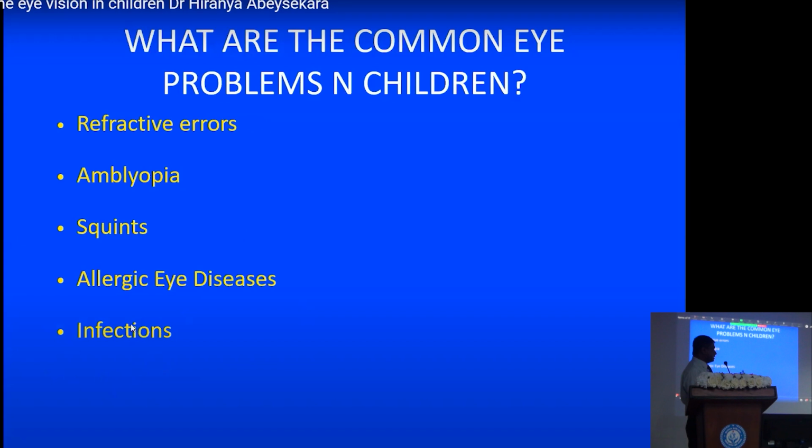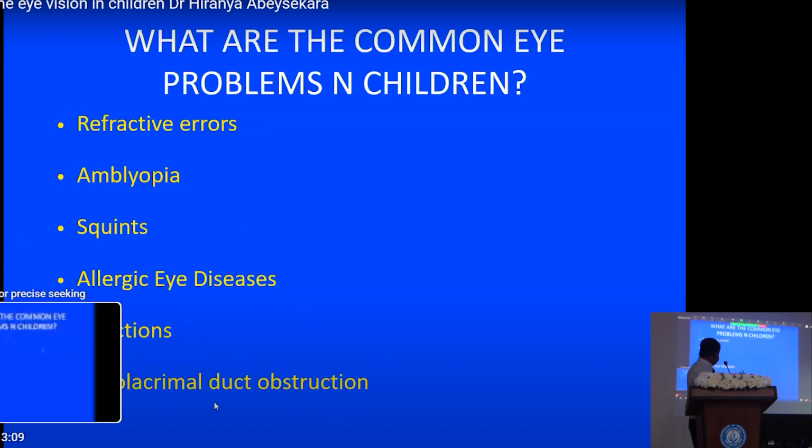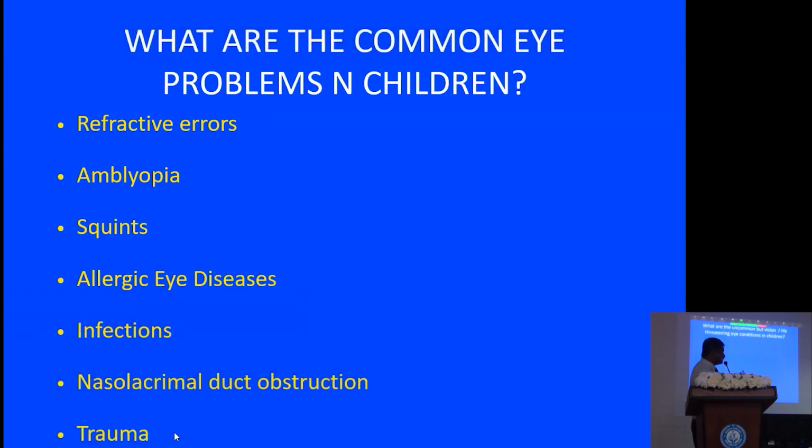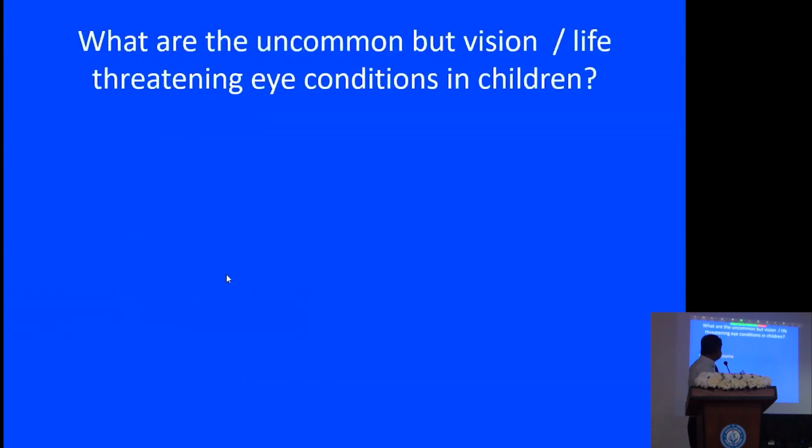Allergic eye disease: children come with red eye, some have allergic eye disease, some have viral conjunctivitis, and some have tearing from birth, which is a congenital nasolacrimal duct obstruction. Trauma is also common in our cases.